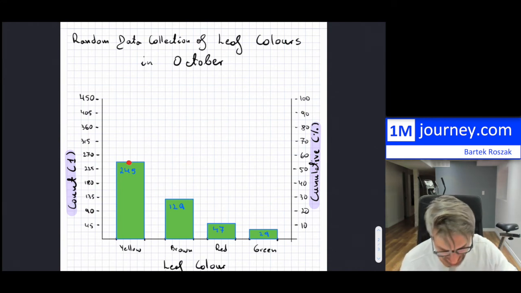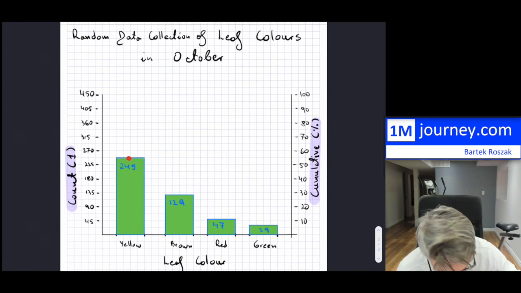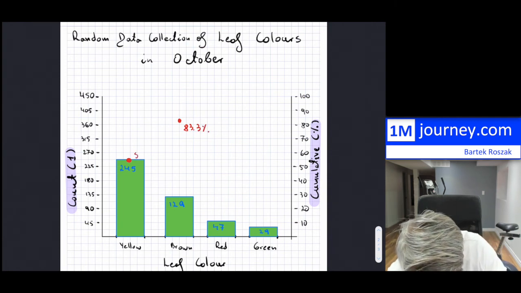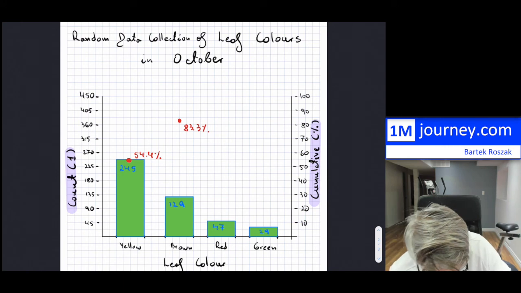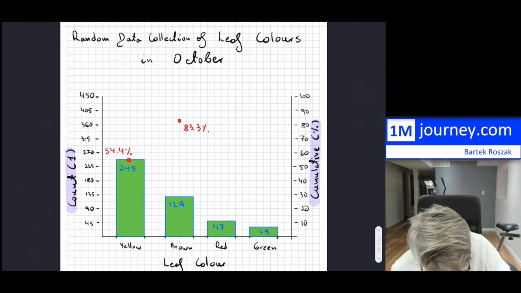Now, next we need the cumulative data, 83.1. So we're going to be drawing this out. So in the middle, so somewhere here, and 83. So this is going to be somewhere along here. All right, so that's 83.1%. Started with 54.4%. All right, so that's there. Let me move it over here on this side so it doesn't clash.